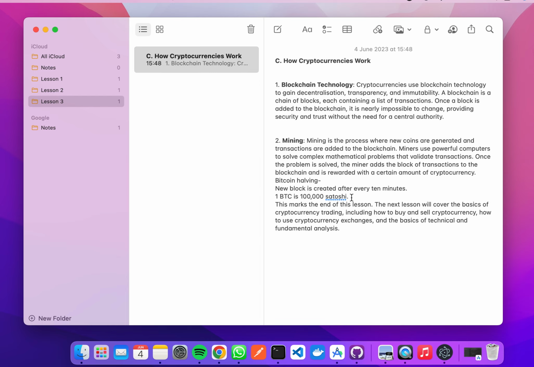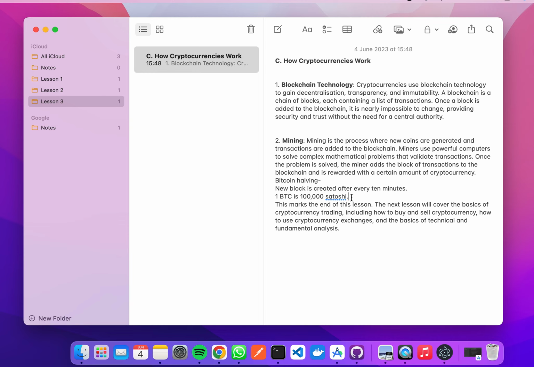Like when we have the dollar and then we have cents, for Bitcoin we have satoshis. I think from the history of Bitcoin, we know who Satoshi is: Satoshi Nakamoto. So I think he named the basic unit after his name.